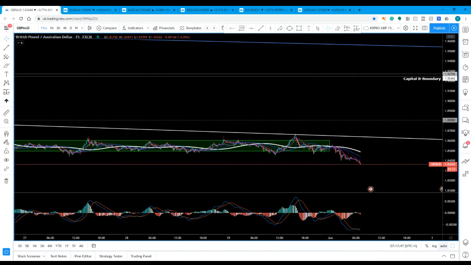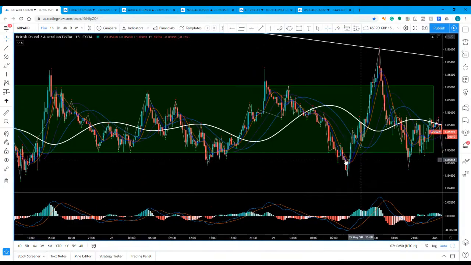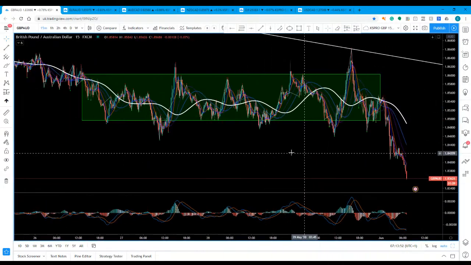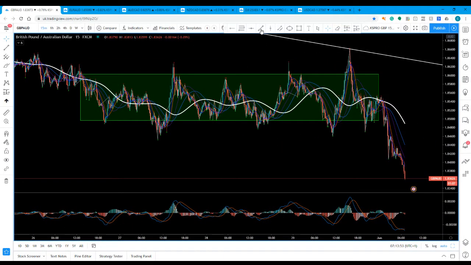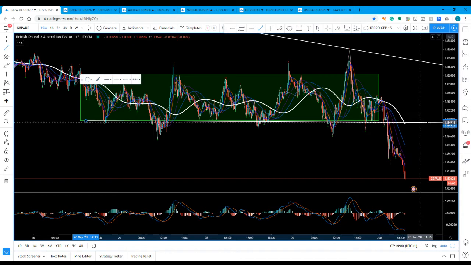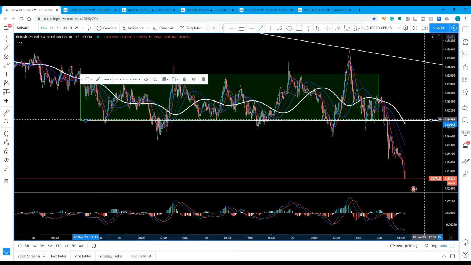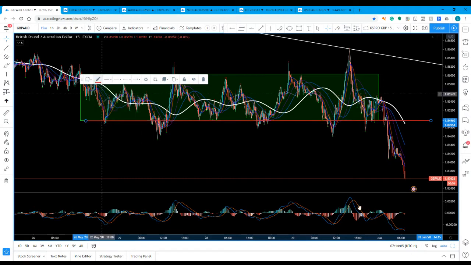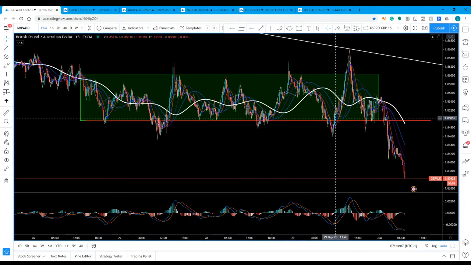Okay. The second thing I want to do is, of course, identify this right here as a level of resistance, right? Past support becomes future resistance. So I'll just draw it to about there, and I'll change it to red so I know it's resistance, right?